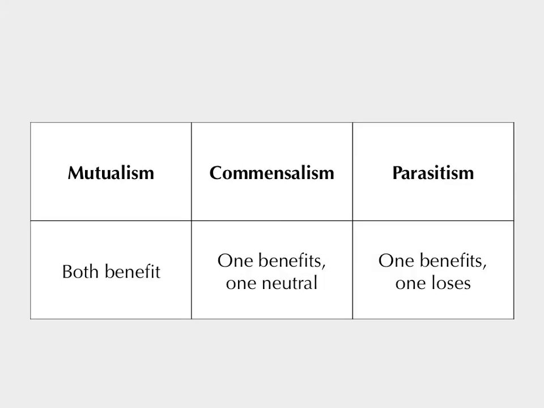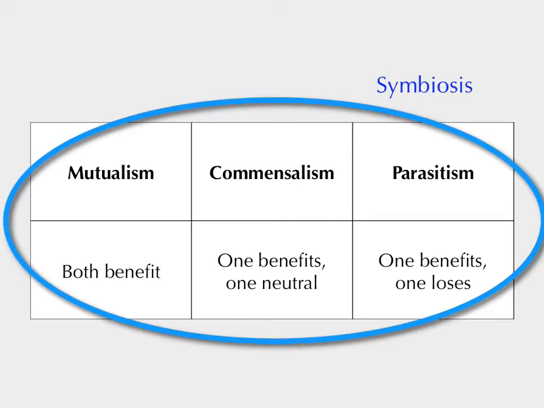And we split it up into 3 kinds: mutualism, commensalism, and parasitism. Mutualism: both benefit. Parasitism: one benefits, one loses. Commensalism: one benefits, the other is unaffected. So in this class, our definition of symbiosis includes all of this.